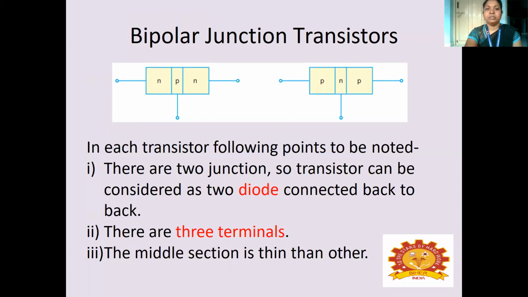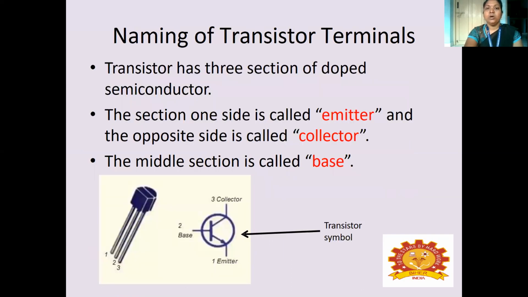In a diode we have only two types of material, that is P and N, but in the case of BJT we have three different types of material, that is N, P, N or P, N, P. So it means that two diodes are connected back to back, and that forms a BJT, the bipolar junction transistor. BJT has three terminals and the middle section will always be very thin when you compare it with the others.